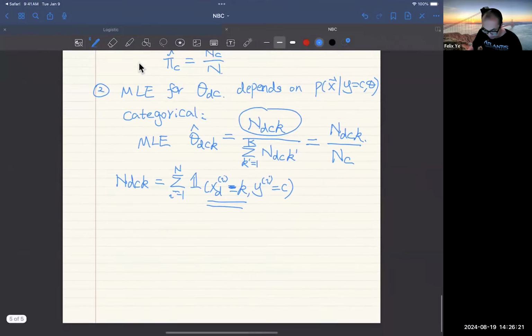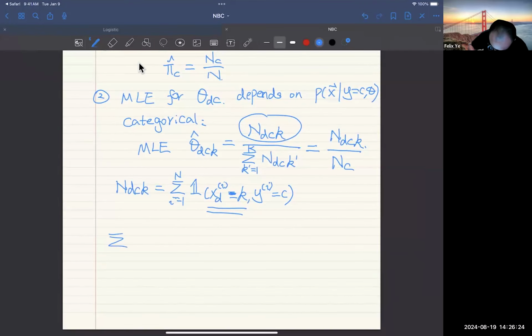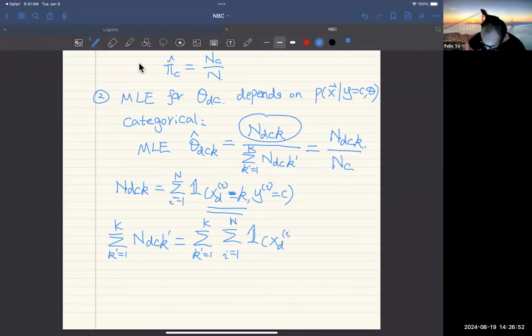So if we sum over k prime from 1 to K of n dck prime, this is the summation over k prime equal to 1 to K, of the sum over i from 1 to n of the indicator function xdi equal to k prime and yi equal to c.